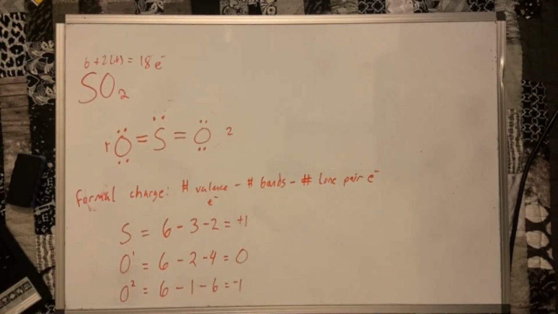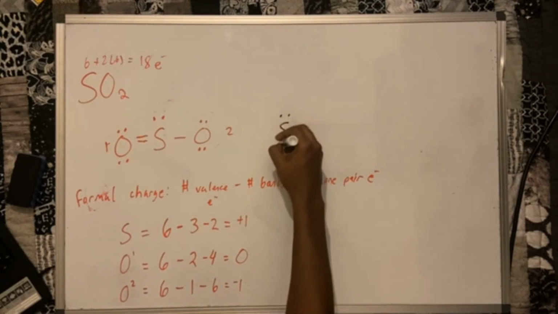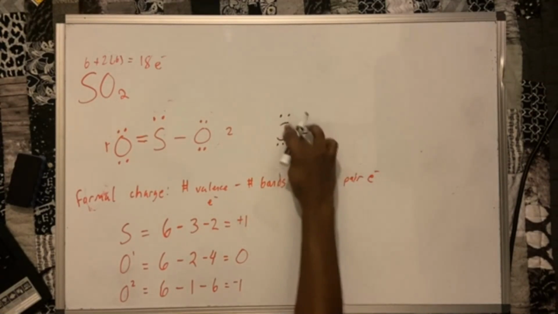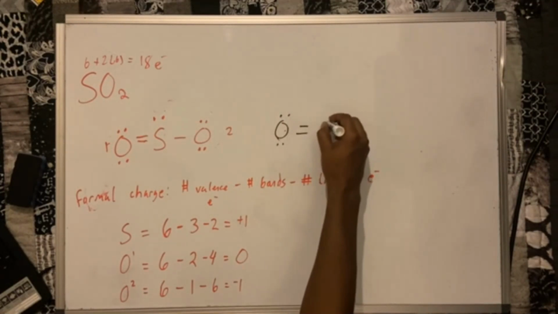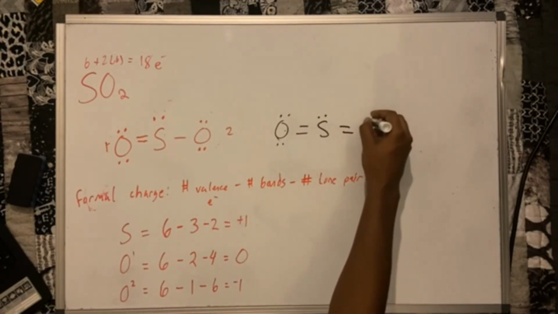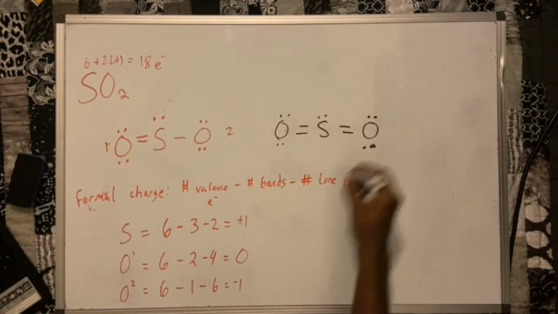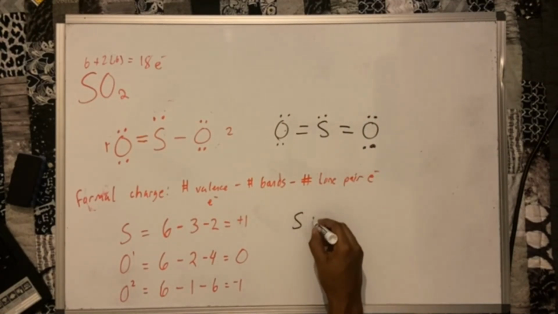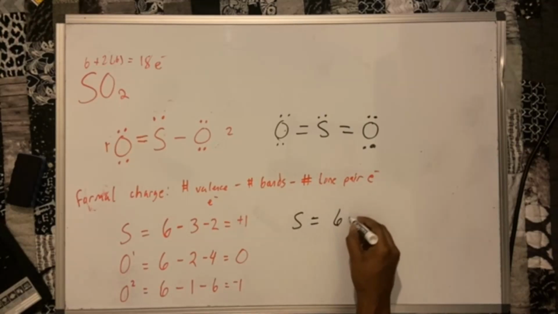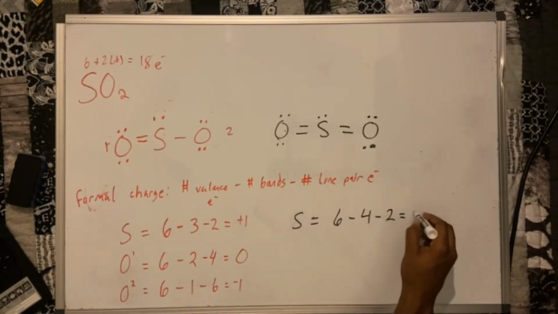All right. So that was the previous one we had. Now if I draw it a new way, I draw it like this: S, and then O, O. Now when I do formal charge for my S, it's going to be 6 minus, it has 4 bonds now, minus 2 lone pairs, so that's 0.